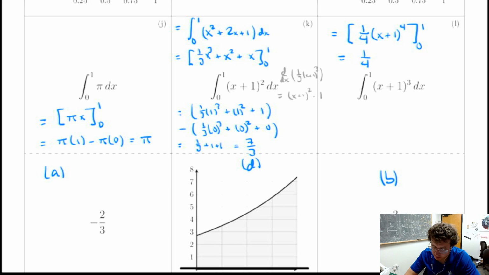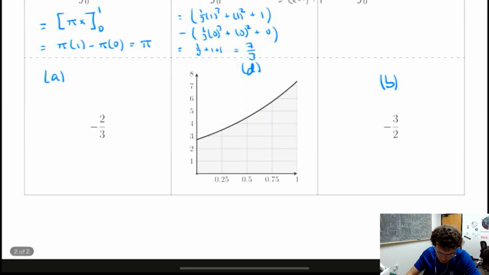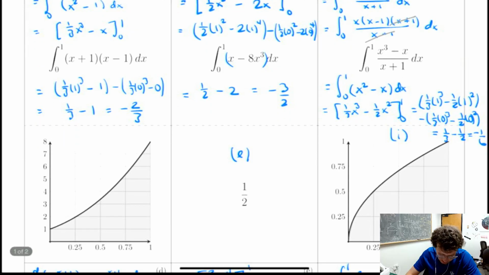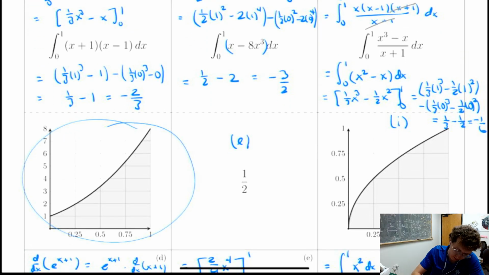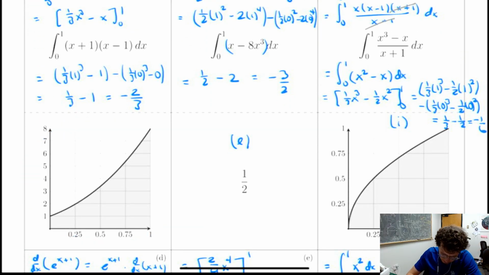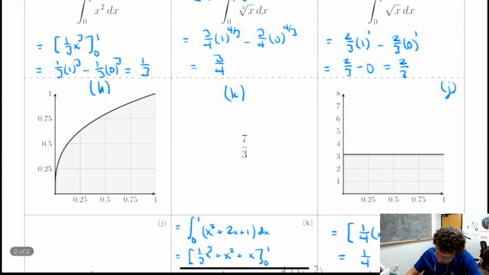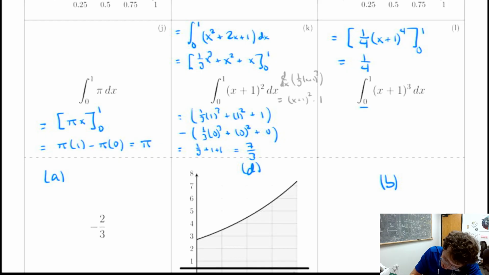Getting a little tired of writing out all of the details of plugging in both bounds. This comes out to 1/4. But 1/4 does not appear here, and I know that because we have seen the graph of this recently. It's going to look like this. The cubic function looks like that, and when we plug in 0, I get 1 cubed, which is 1, and when we plug in 1, I get 2 cubed, which is 8.